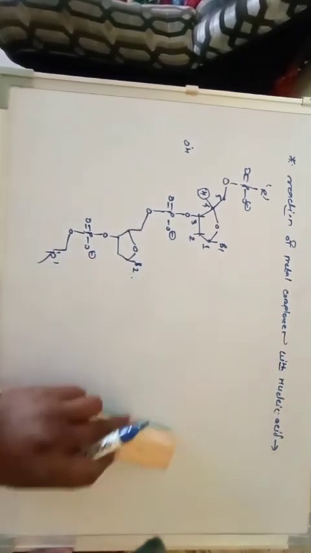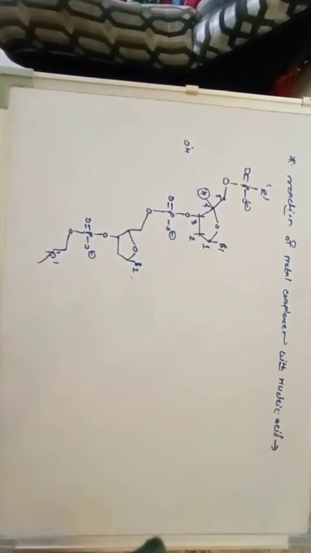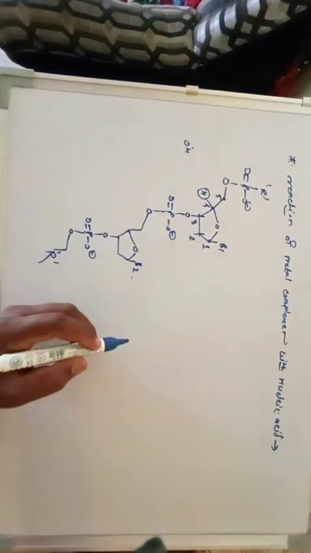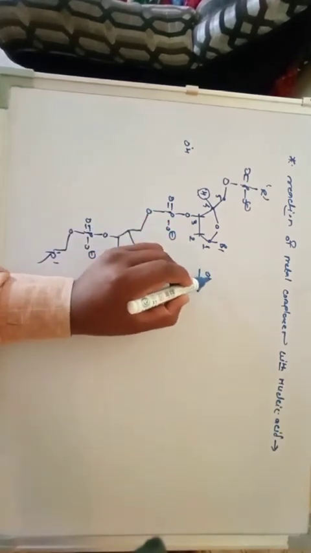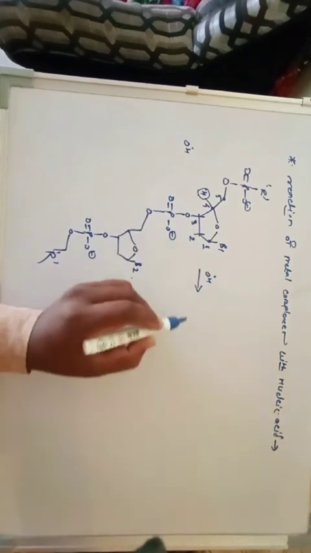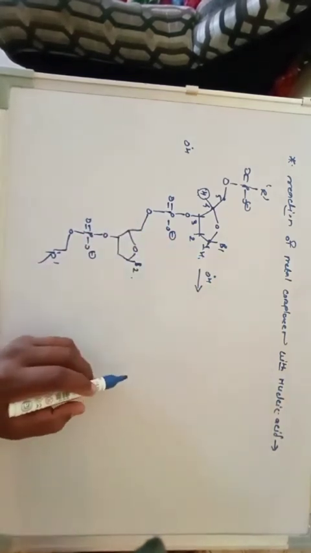For example, in this case, let us consider C1. The hydroxyl radical will abstract the hydrogen of this carbon number 1.